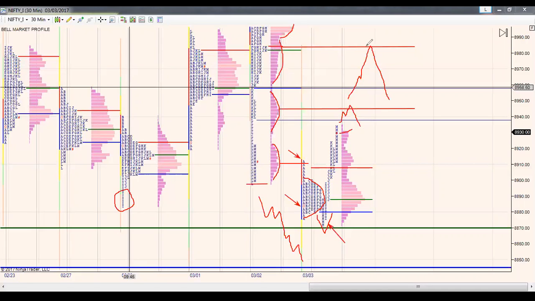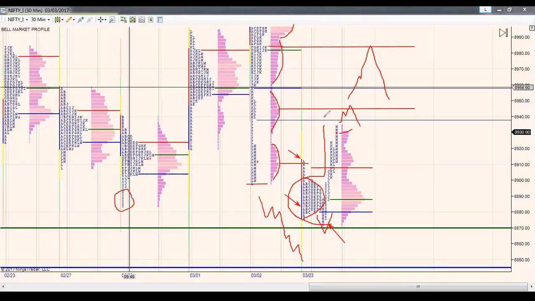What exactly happens, we will come to know once the market develops further, and we see how the auction is progressing, whether there is strength in the auction progression or not. This whole development though looks like a D, so there is that possibility also. We might fail here.